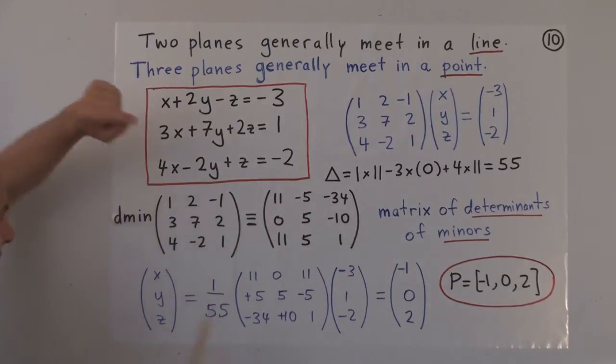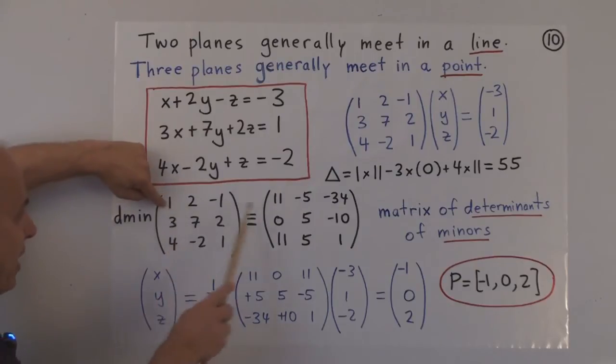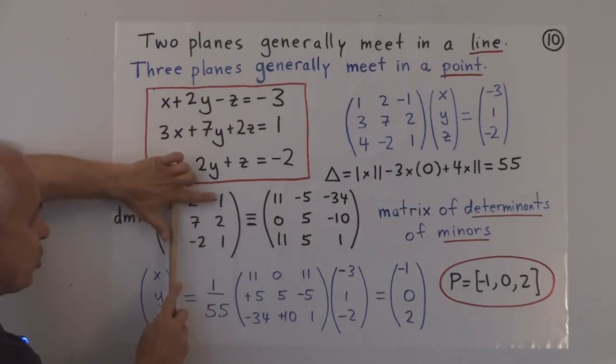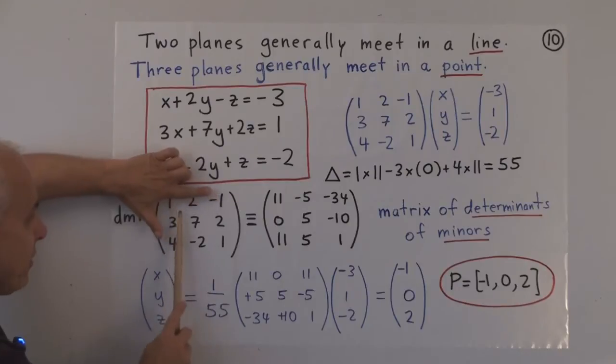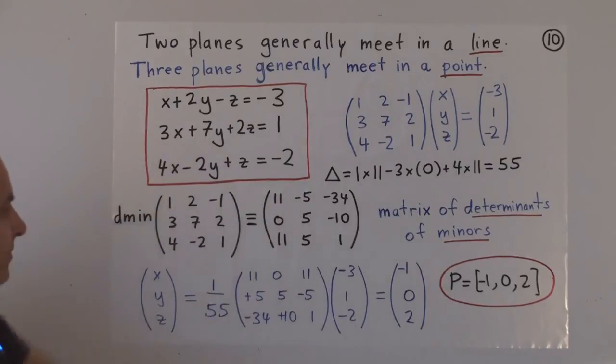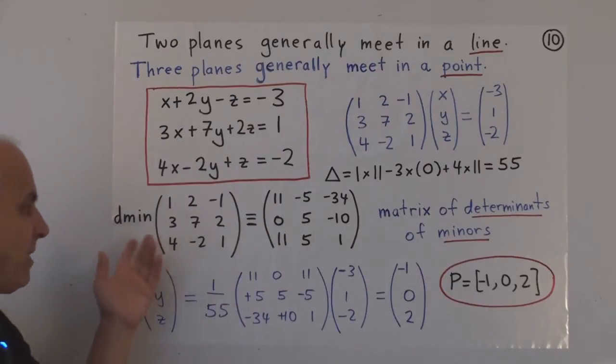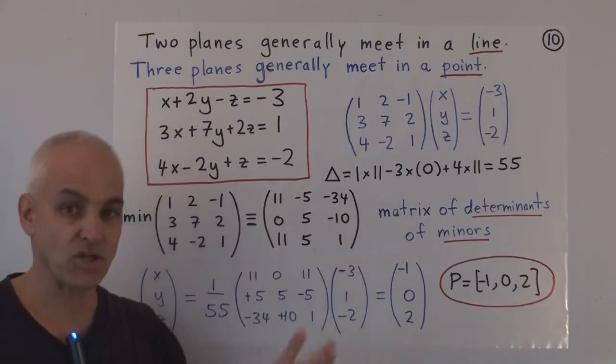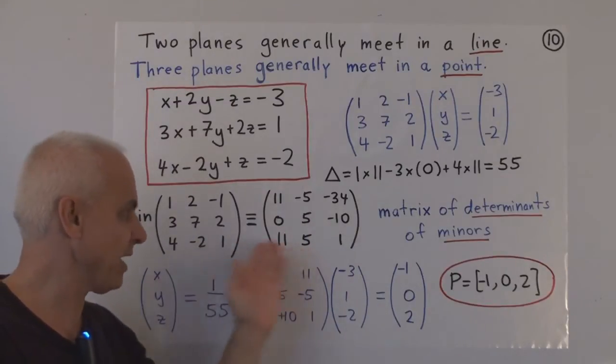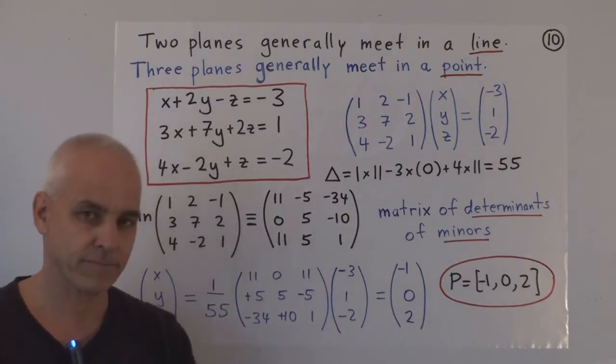It means that for every position, over here, I calculate the determinant of the corresponding minor. So in this position, it would be 7 minus 4, that's 11. So we'll call that the d-min of this matrix. It's just a notation to allow us to say explicitly going from here to here.